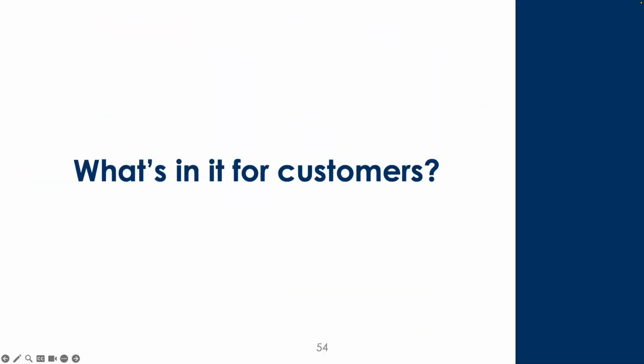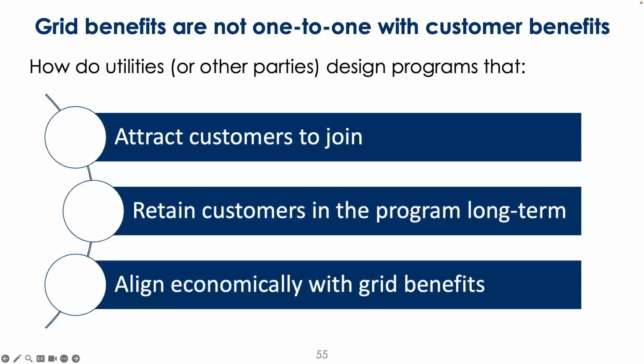Okay, but what's in it for customers? We don't pay all of these benefits that I'm talking about on the grid to customers on that same one-to-one basis, right? So we have to think about designing programs that, one, are attractive enough for customers to join, two, will retain customers in the program long-term, and then will, in the aggregate, align what we pay out to customers to the grid benefits.